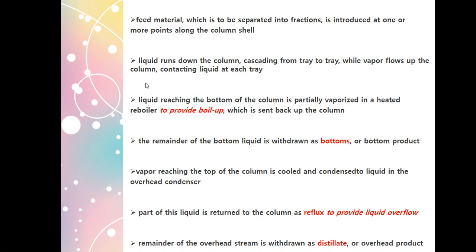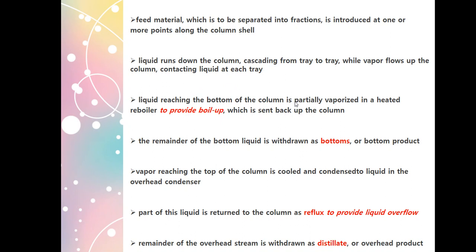Now, the liquid phase runs down the column, cascading from tray to tray or stage to stage, while the vapor flows up the column, contacting the liquid at each stage or tray.